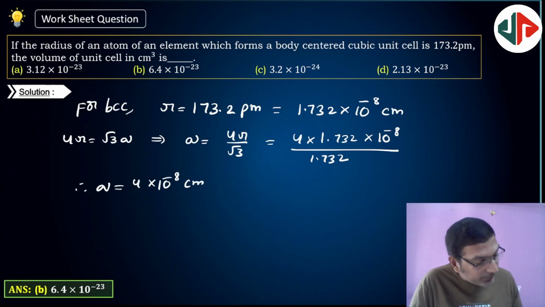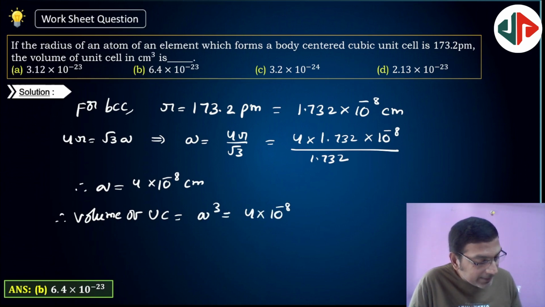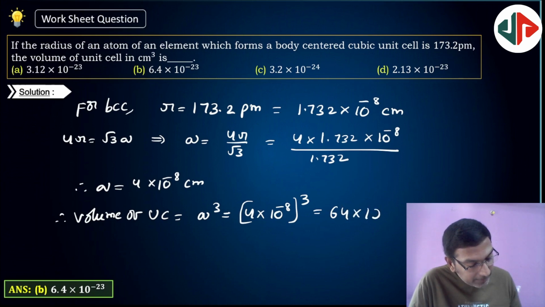So from this, volume of unit cell equal to A cube. 4 into 10 power minus 8 whole cube, that is 64 into 10 power minus 24, or 6.4 into 10 power minus 23 centimeter cube.